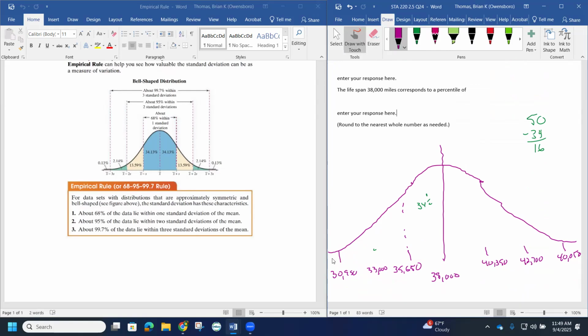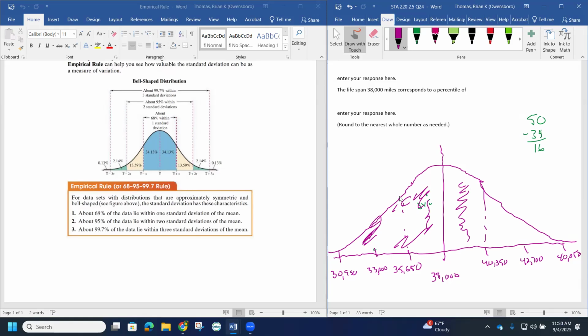Let me get that back in here. So 40,350 would be over here. So the percentile is the area from here all the way over to here.